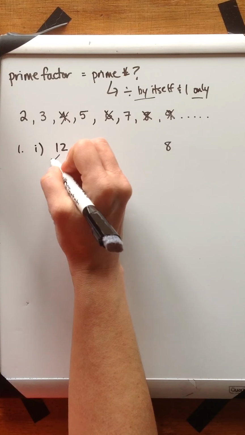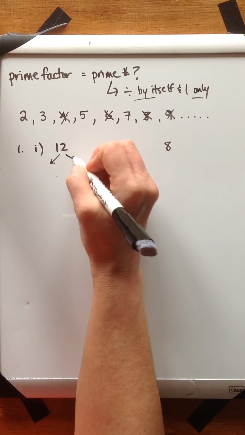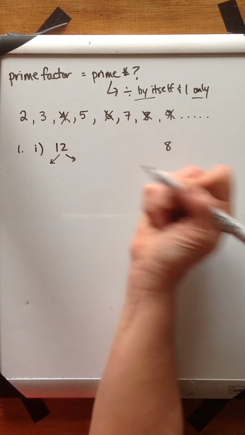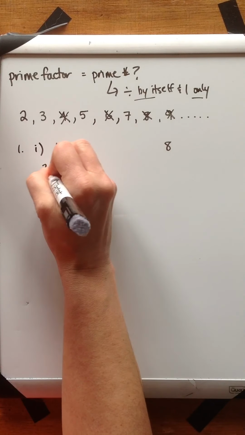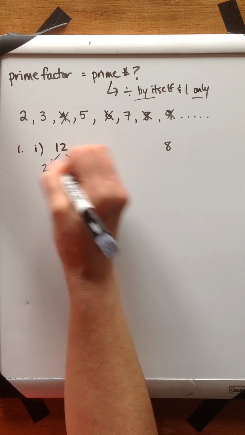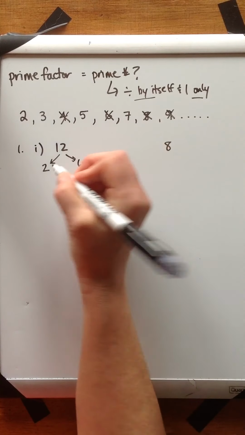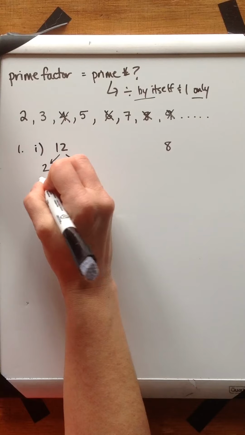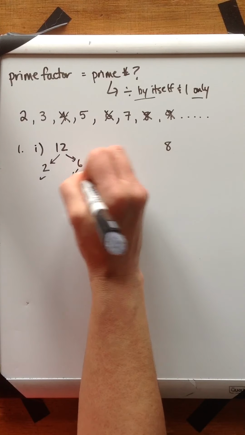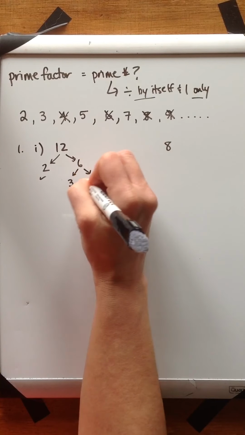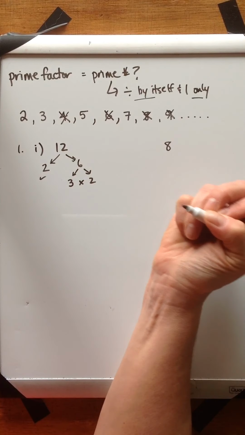So I want you to think about what is a way that you could group 12 items. You can do 1 by 12, but you'll end up being in the same spot you are now. Maybe you do something like 2 groups of 6, or you could even do 6 groups of 2. 2 is a prime factor, so we can't break it down any further, but 6 can be broken down into 3 groups of 2. Okay?